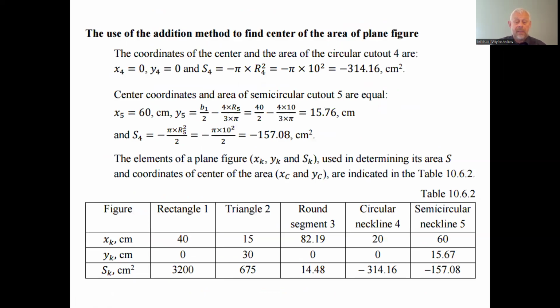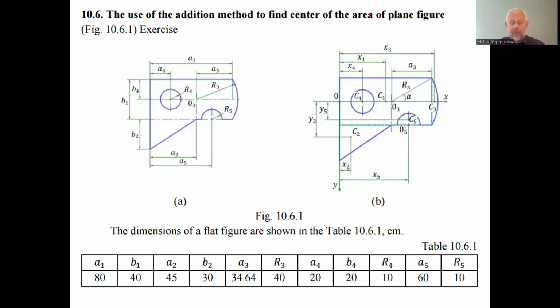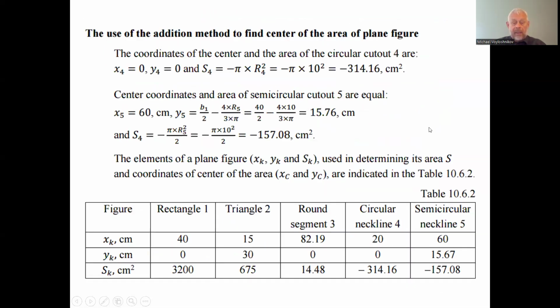The coordinates and the area of the circular cutout 4. Circular cutout 4 we have, and the area is understandable because it's a circle. The coordinates x4 and y4 equal to 0, because the center of this cutout is on the axis of symmetry, and the area will be with a minus sign, because this is a cutout.